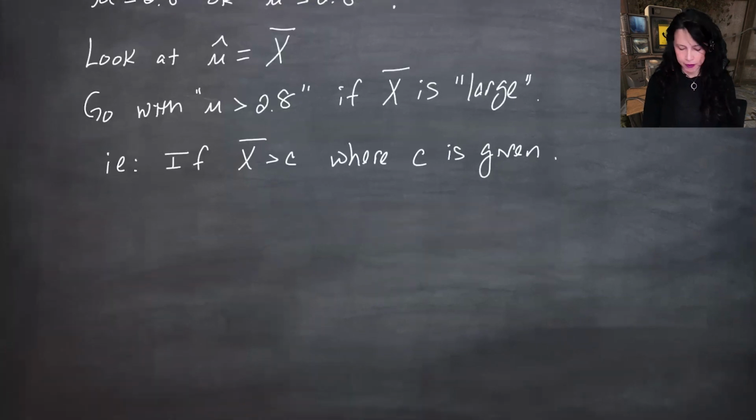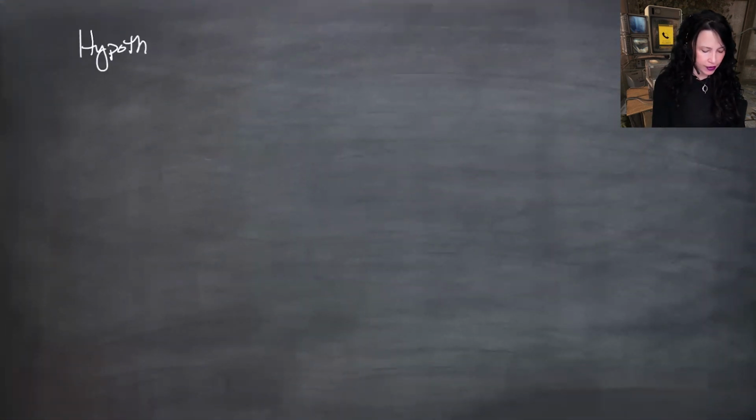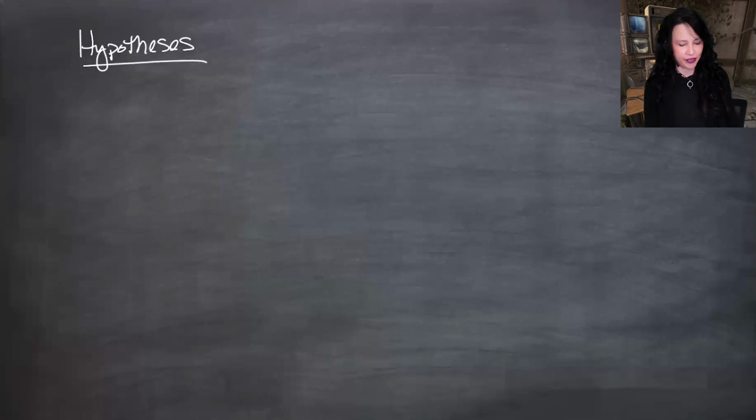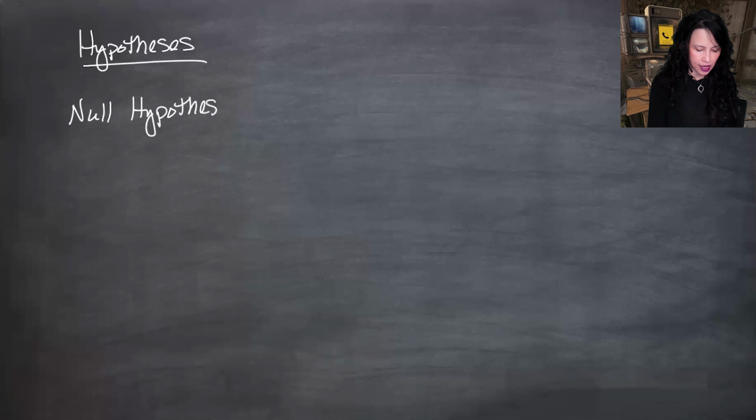All right, let's set up some hypotheses. Sorry if this is too basic. I know there's a lot of people in here who haven't had any stats before this. So we have what is called a null hypothesis. This is going to be written as H0, and then we put a colon, and then we put one of these things.